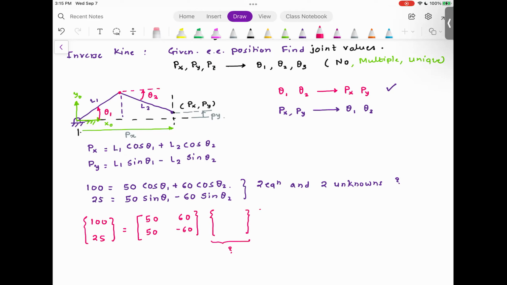But again, what I want to tell you is, if you look at the textbook, he will talk about 2 or 3 tricks, like you need to substitute or you need to square and add. So basically what you do is you square the first equation. So let me show you these techniques.